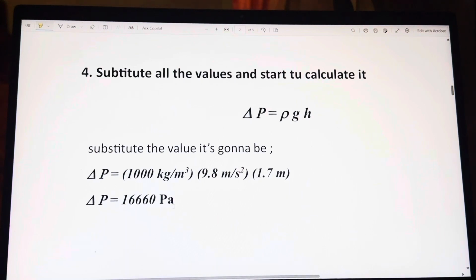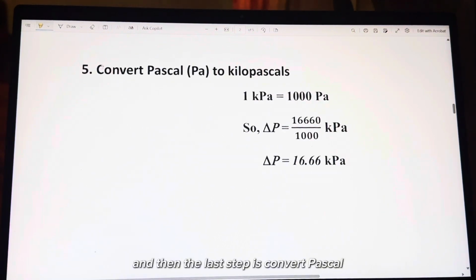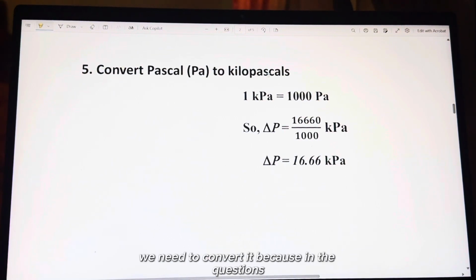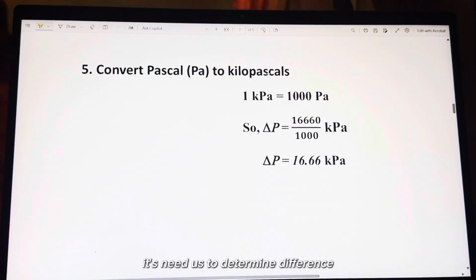which is 16,660 Pa. And then the last step is to convert Pascal to kilopascals. We need to convert it because the question asks us to determine the pressure difference in kPa. As we know, 1 kPa equals 1000 Pa.